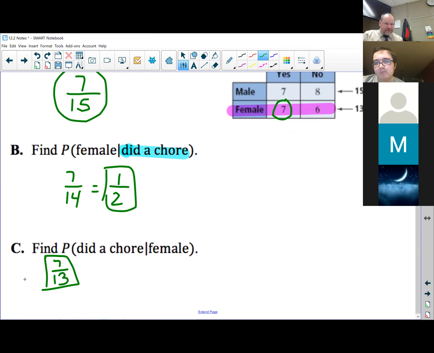So that is what your note check and homework will be on, called conditional probability. There is a warm-up on independent and dependent events and probability. And there is also an exit ticket. So a few things going on today for math class.